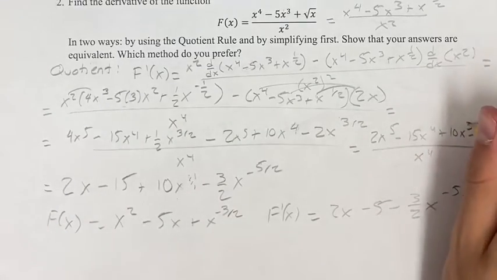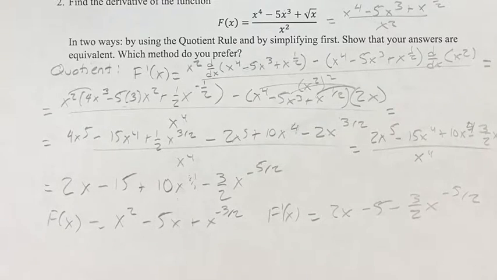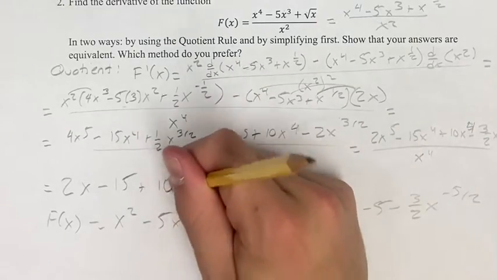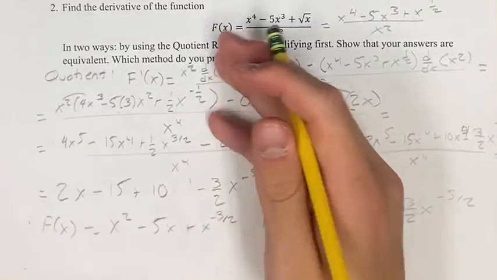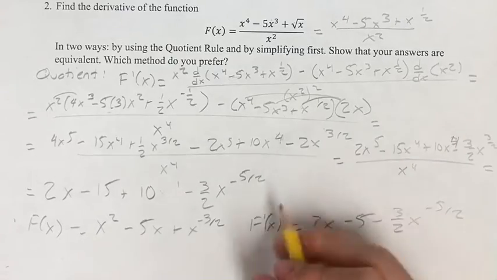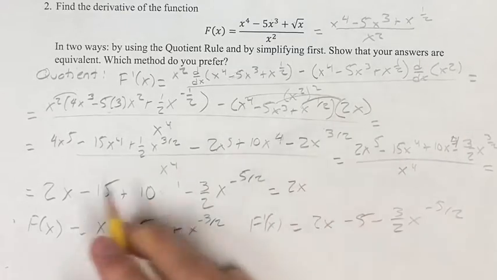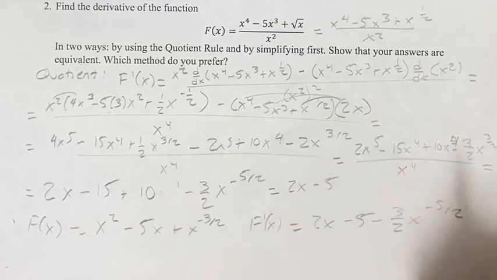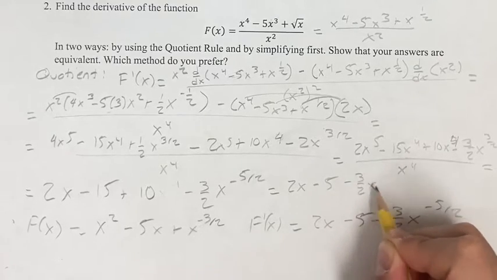Because then when you have 10x to the fourth divided by x to the fourth, again using the quotient rule, we have 4 minus 4 is 0. So therefore there is no x to the -1 term. That's just another constant. So this is negative 15 plus 10, which, if we write this out right here, we get 2x minus 15 plus 10 is minus 5, minus 3 halves x to the negative 5 halves.